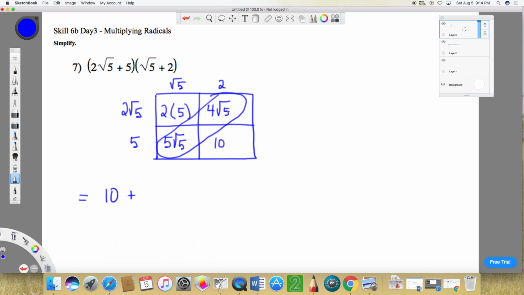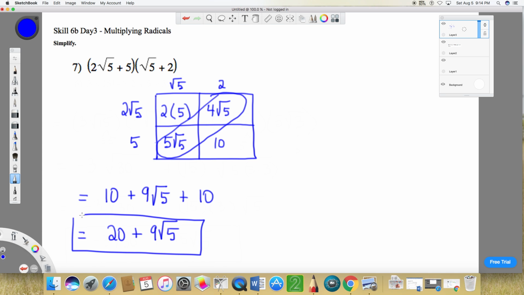And this diagonal, 5 radical 5's plus 4 more radical 5's is 9 radical 5's. And look at this entry in this cell right here. It's another 10. So those are like terms, and 10 plus 10 is 20. But I cannot combine 20 and the 9 radical 5. So this is my final answer.